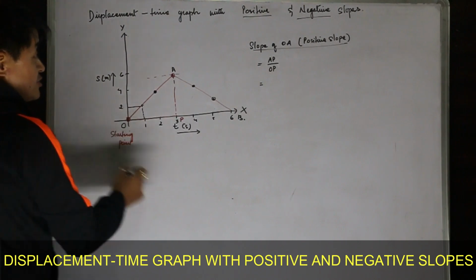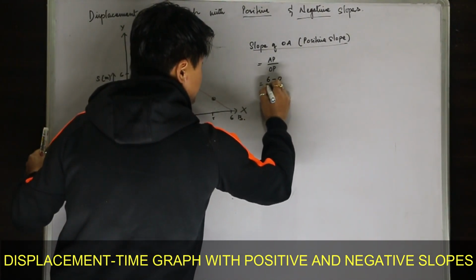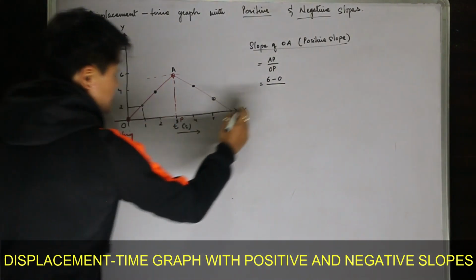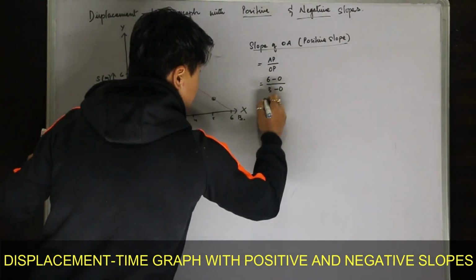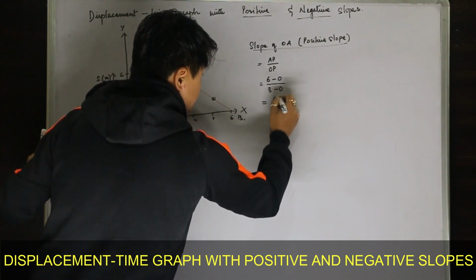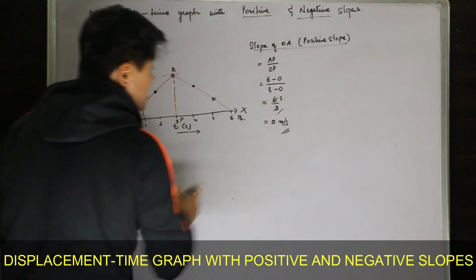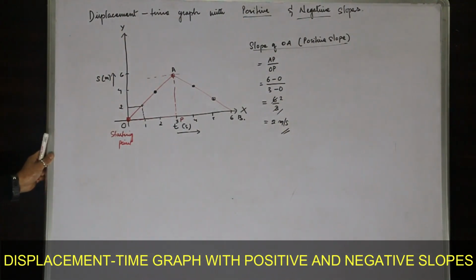Initially it was at 0 meter. So this will be 6 meter minus 0, and the time will be 3 seconds minus 0 seconds. This will be 6 by 3. 3 1 are 3, 3 2 are 6, equals 2 meter per second. The ball is moving with a velocity of 2 meter per second.